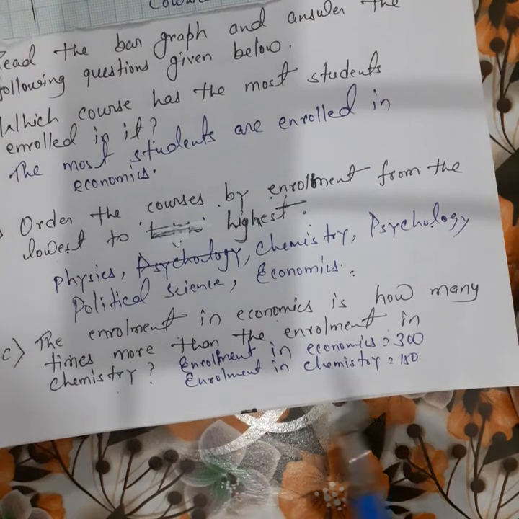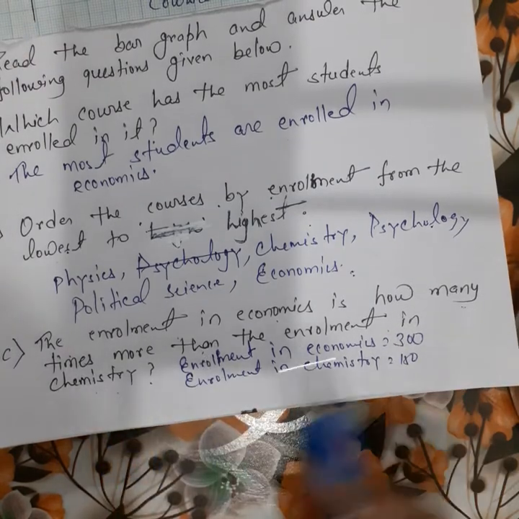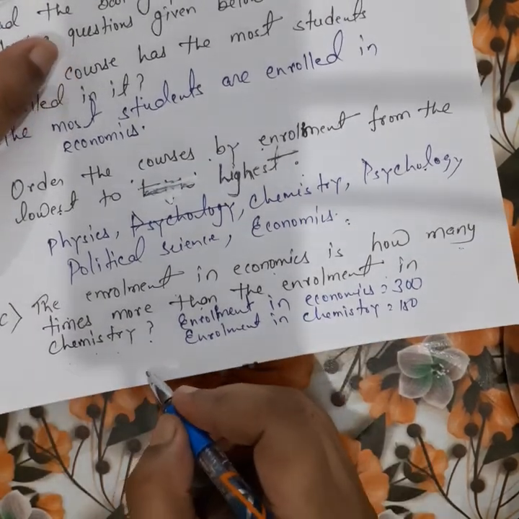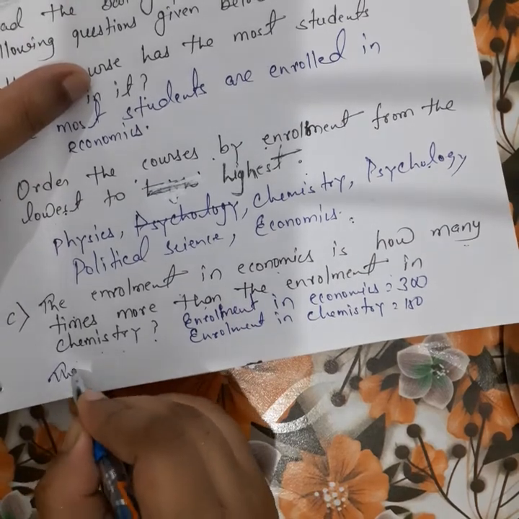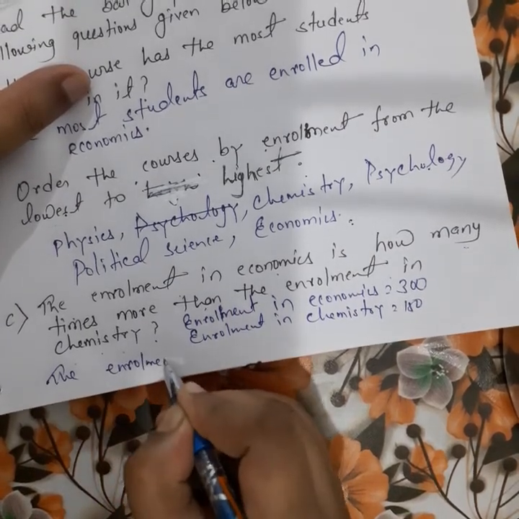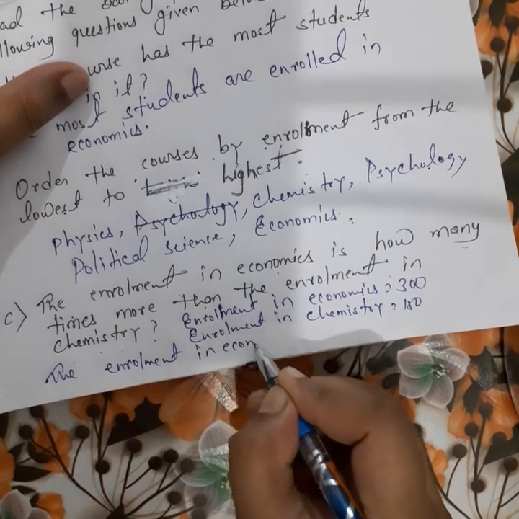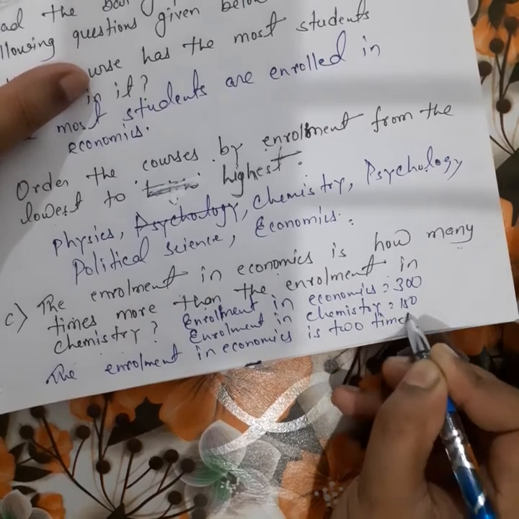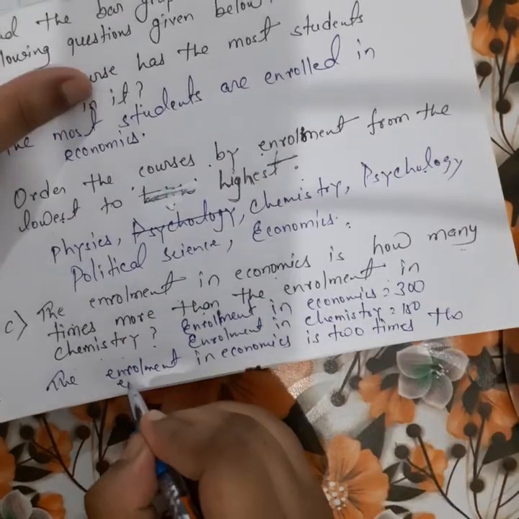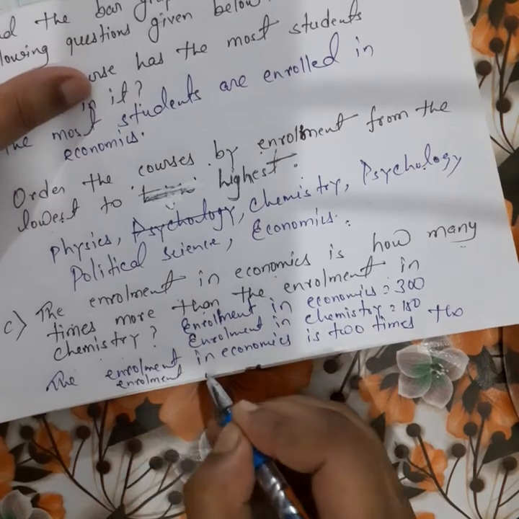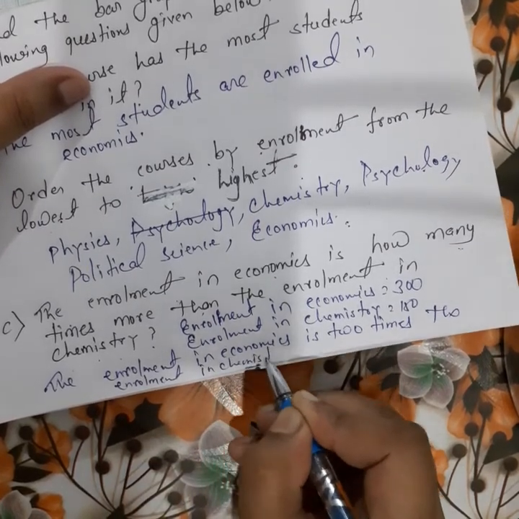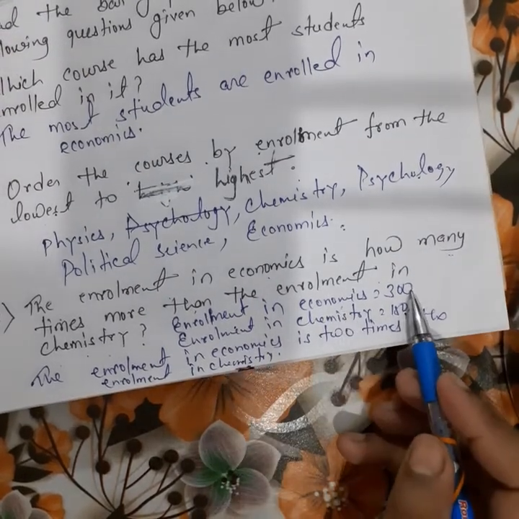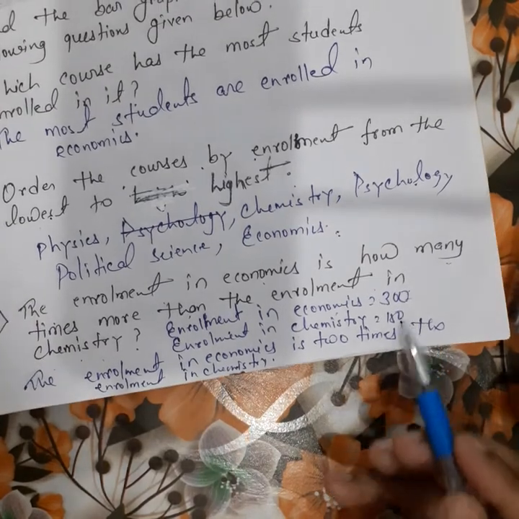Now the enrollment in economics is 2 times the enrollment in chemistry. Why? Because the enrollment in chemistry is 150 and enrollment in economics is 300, and 300 is 2 times 150.